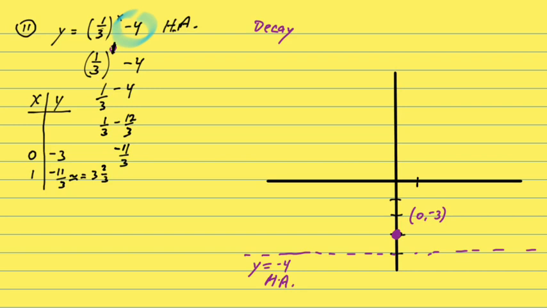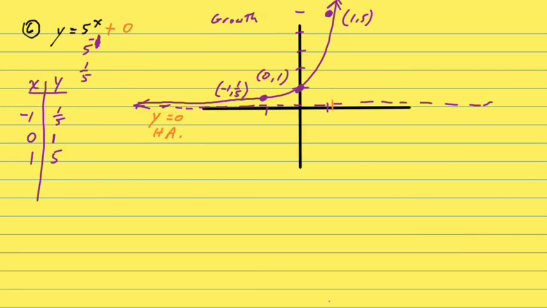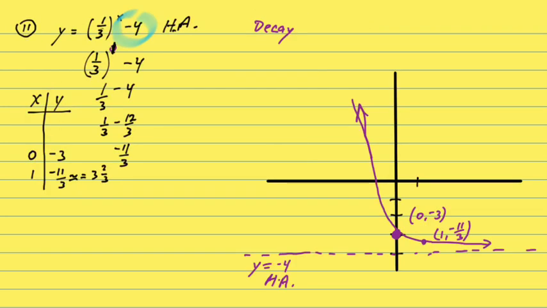So basically it's down here, negative 3 and 2/3. And it's going to be a decay function approaching the asymptote. So basically all I'm going to give you on the quiz is not too many fancy ones, a basic growth and a basic decay function.